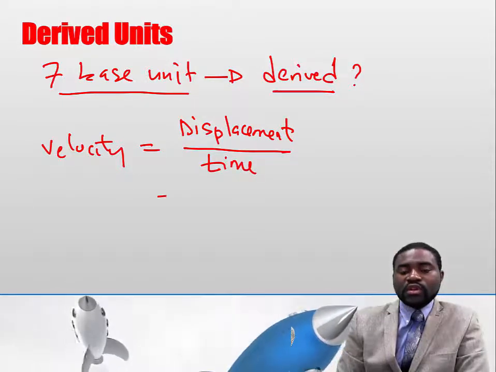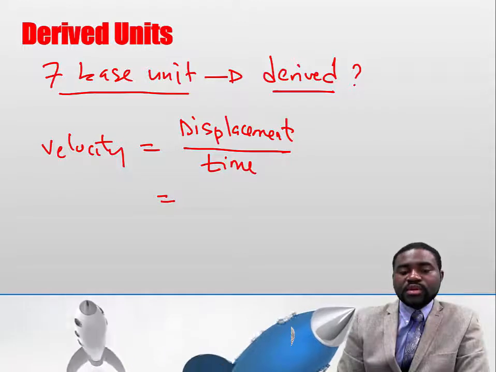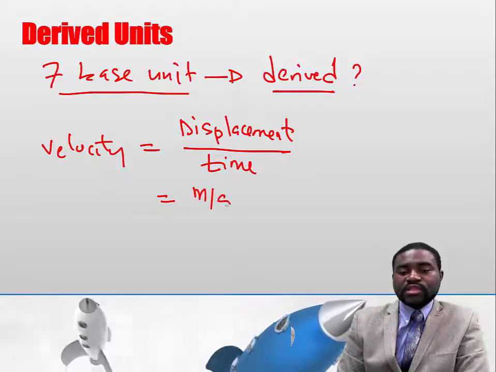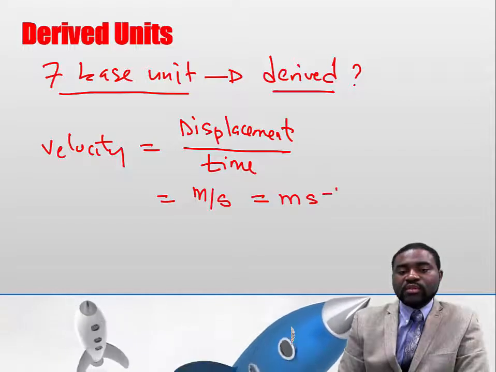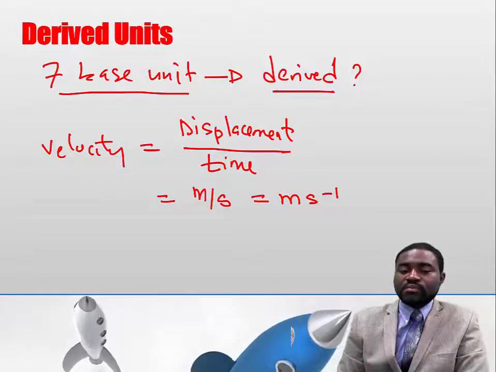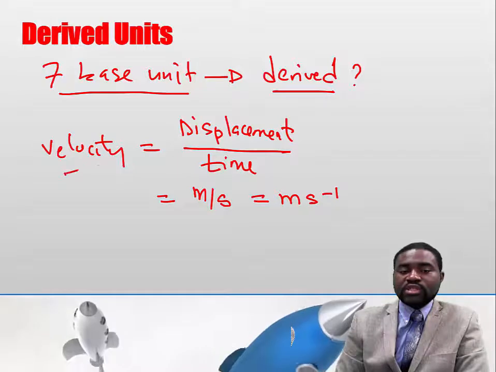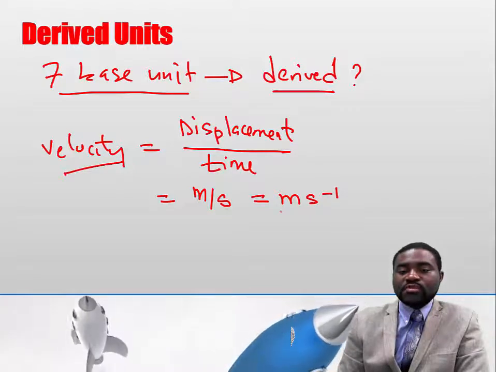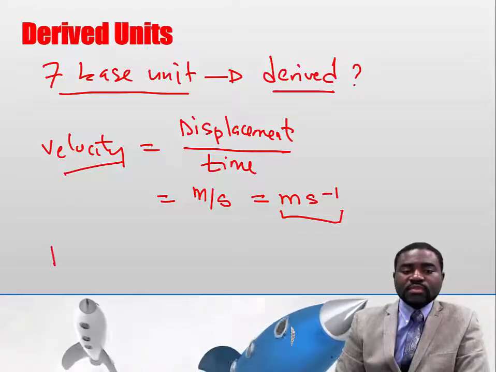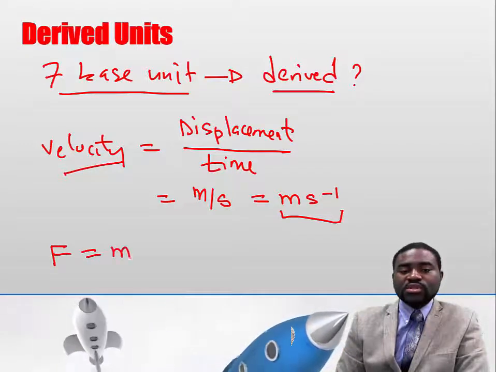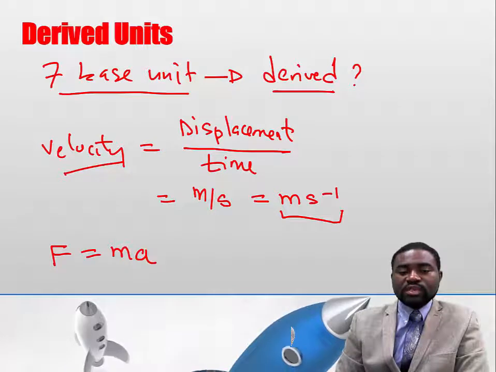Therefore, the unit of velocity is simply meters divided by seconds, which can be rewritten as m s raised to the power of minus 1. So velocity is a derived quantity, and meters per second is a derived unit. Another typical example is force, which is mass times acceleration.